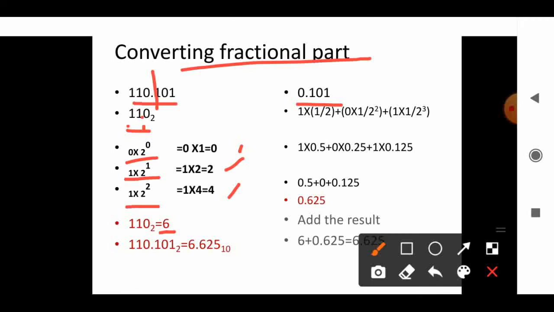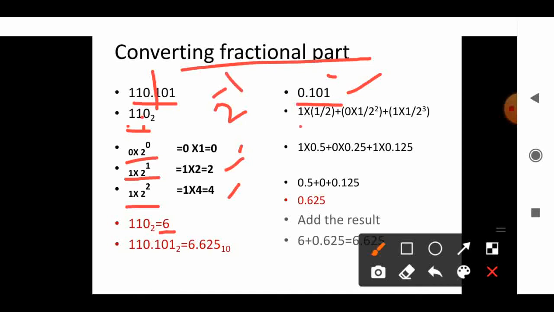What is our fractional part? 0.101. Here first you take the left bit, 1, of the fractional part. We have learned that after the decimal point the powers start from 2 power minus 1, and continue with 2 power minus 2.